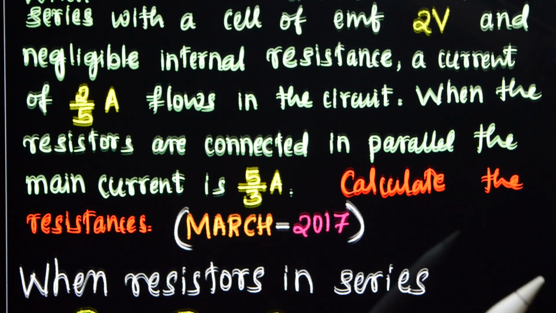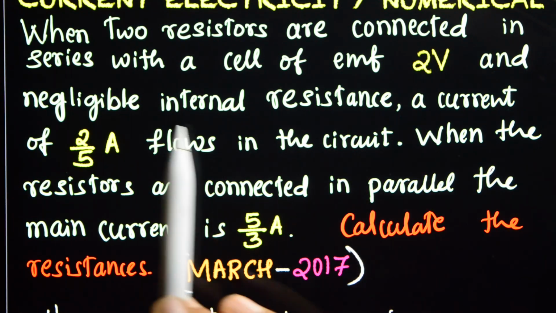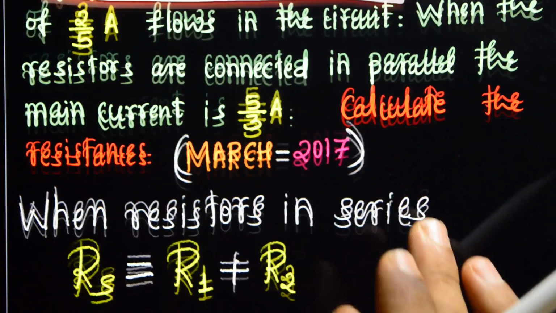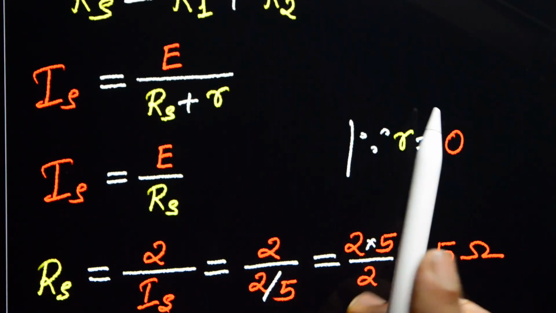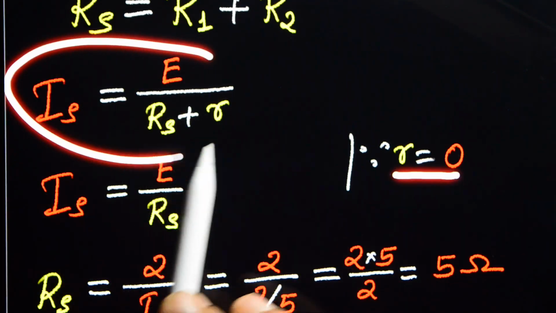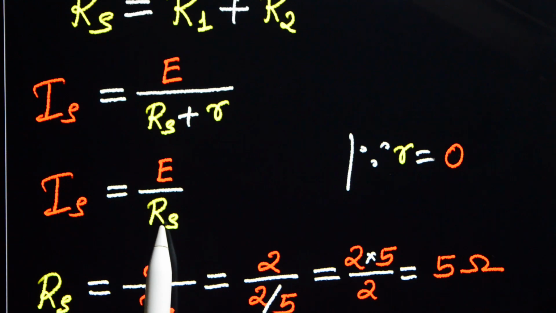But we are given that the internal resistance of the cell is negligible, and therefore we can take small r equal to 0, and this equation can be written as I subscript S is equal to E divided by Rs.